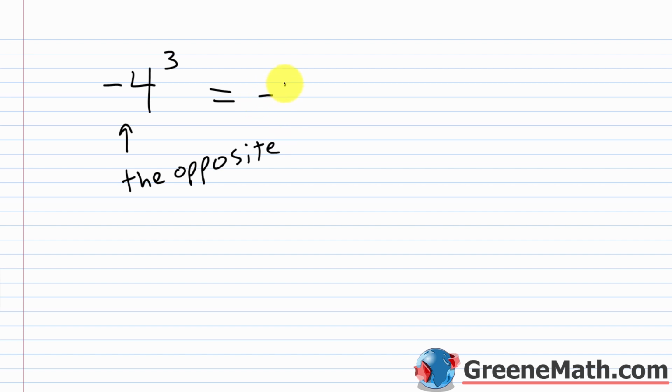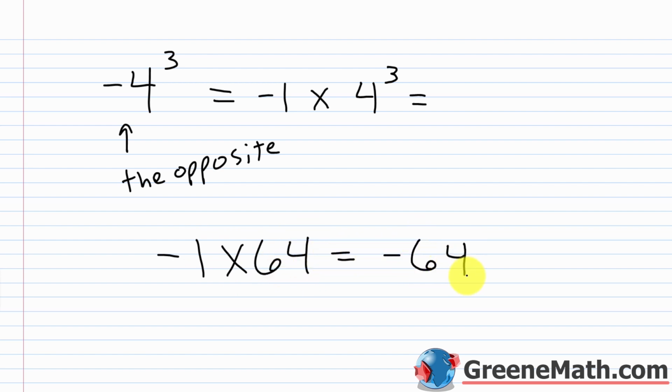I could write this as negative 1 times 4 cubed. And of course, following my order of operations, I would do 4 cubed first. That's 4 times 4, which is 16, times 4 again, which is 64. So this is negative 1 times 64, which is negative 64.